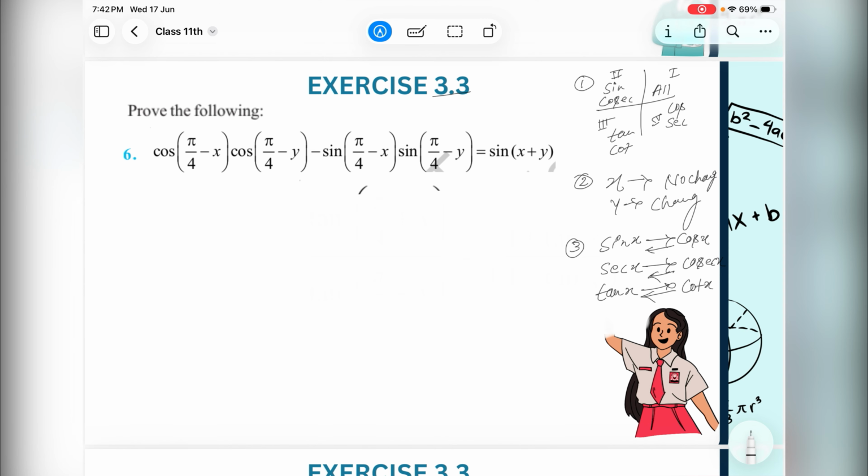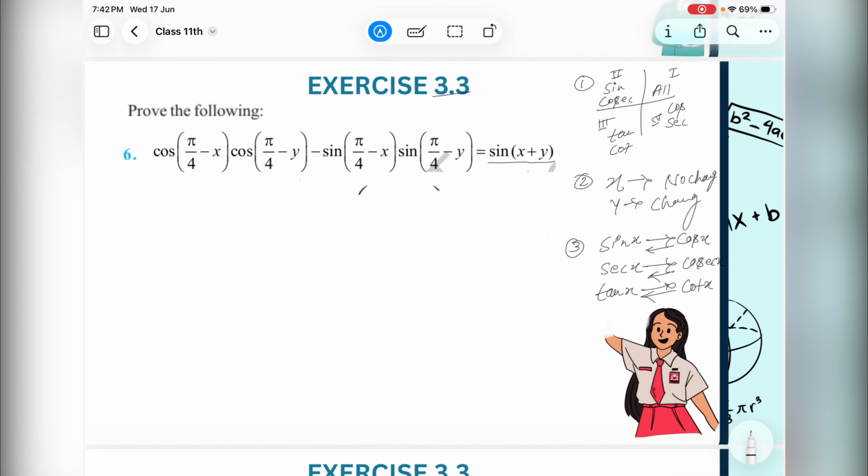We know we have to prove sin(x plus y). So let's see how we can do it. Let a equal to pi/4 minus x and b equal to pi/4 minus y.